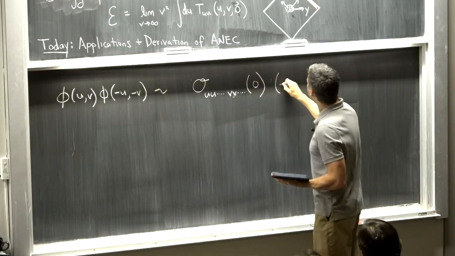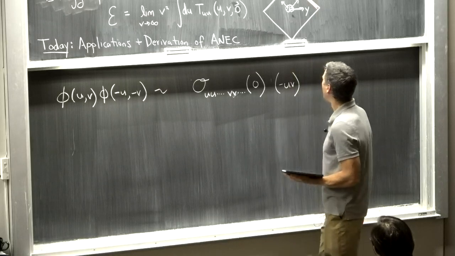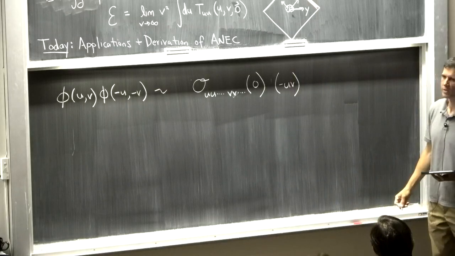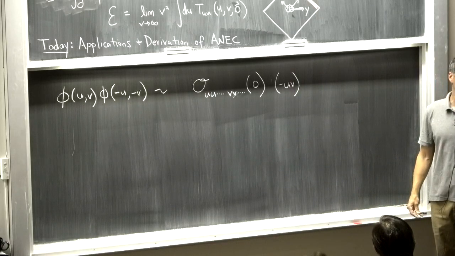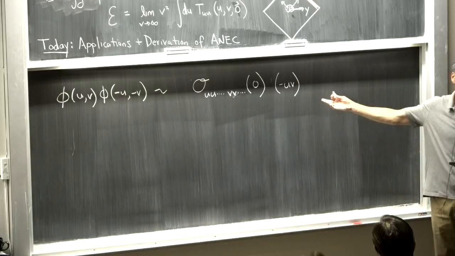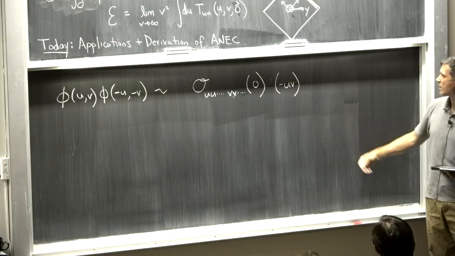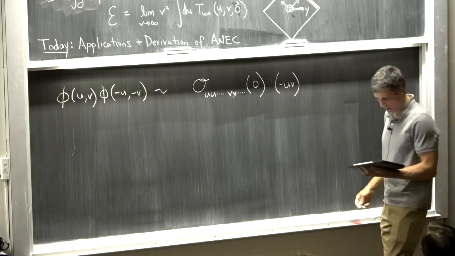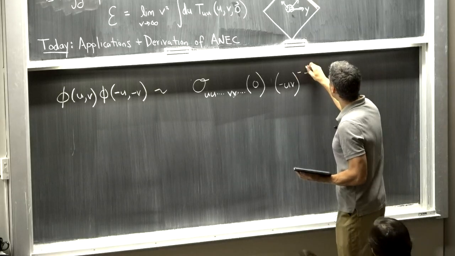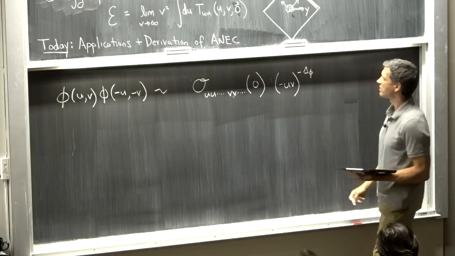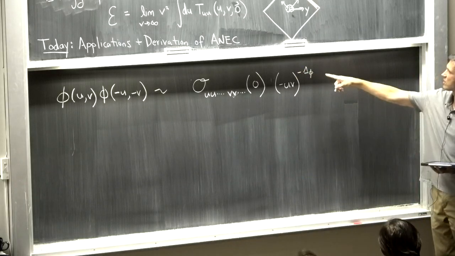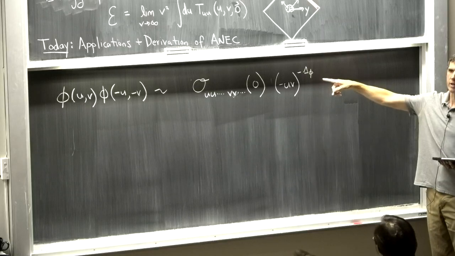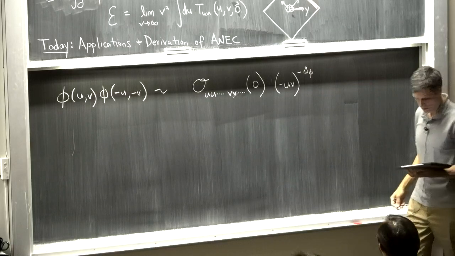So there's going to be a factor that's the separation between the two points. Minus uv is the spacetime distance squared between them, raised to the minus delta phi. That's to account for the scaling dimension of the phi operator.